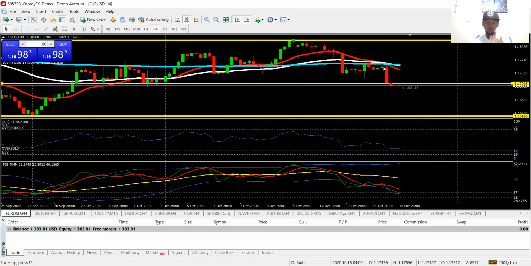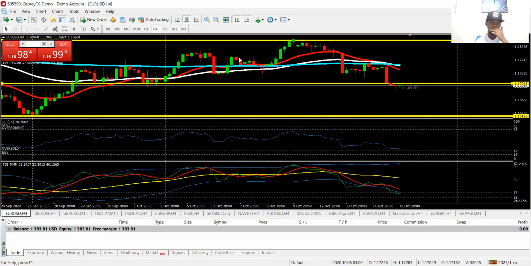So when I woke up this morning and saw that this had broken, I said, man, this is about to continue to drop. And it might finish the week off at this support zone here at 1.16128. This is the next support zone right here.